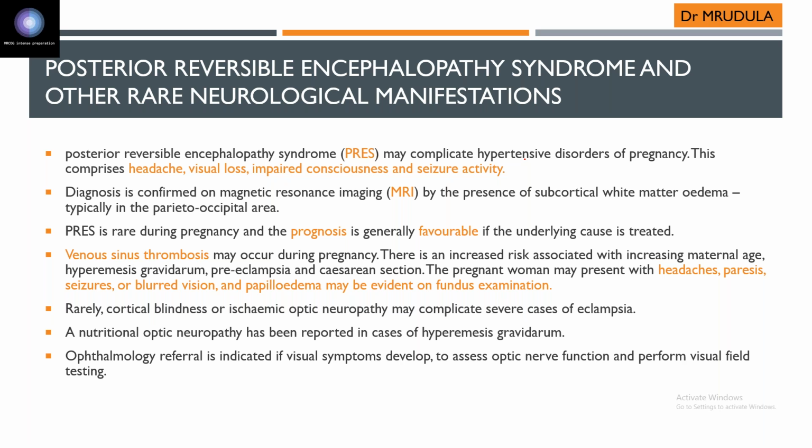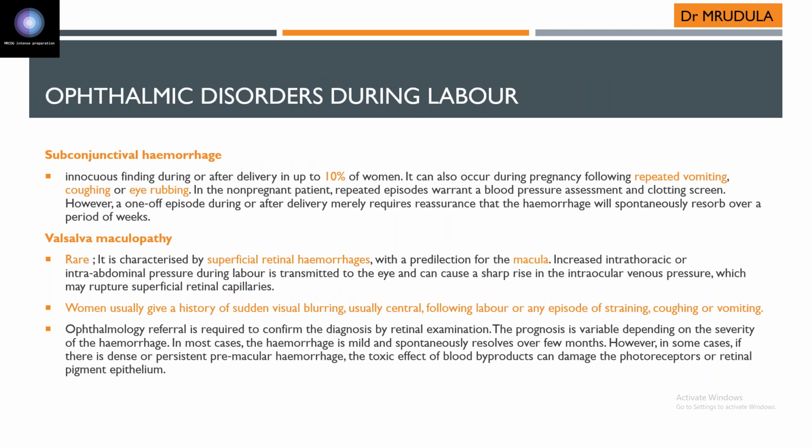Also, in case of hyperemesis gravidarum, nutritional optic neuropathy can be observed. So, if any visual symptoms develop in pregnancy, an ophthalmology referral should be done. If you are suspecting any optic nerve dysfunction, visual field testing should always be done.